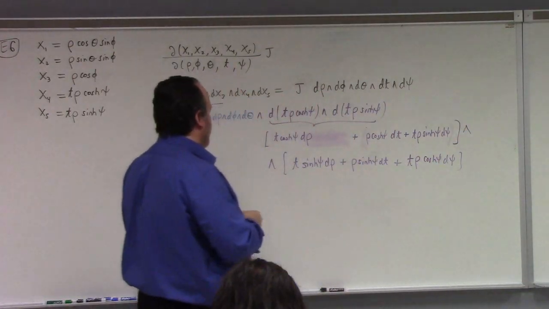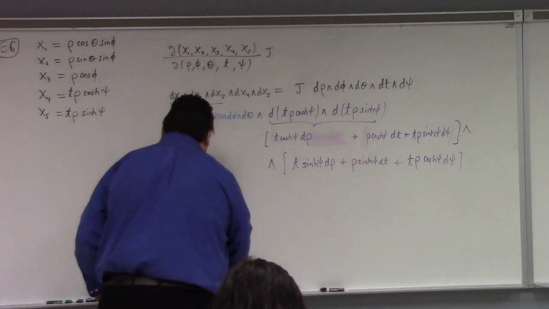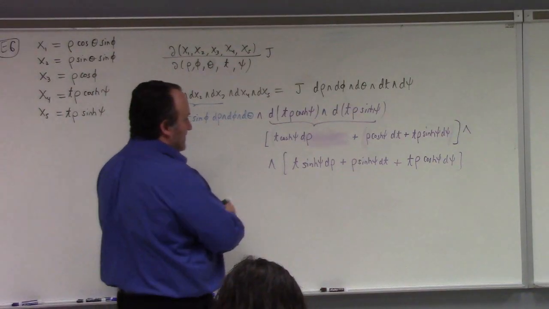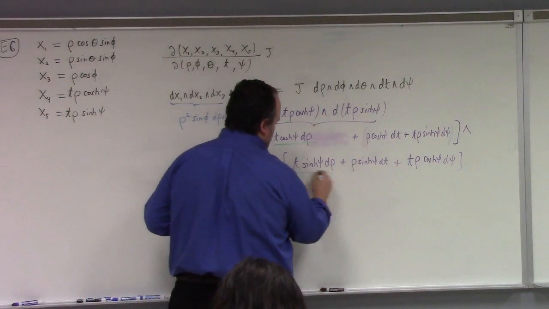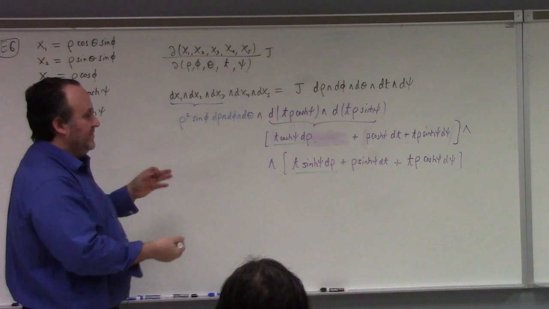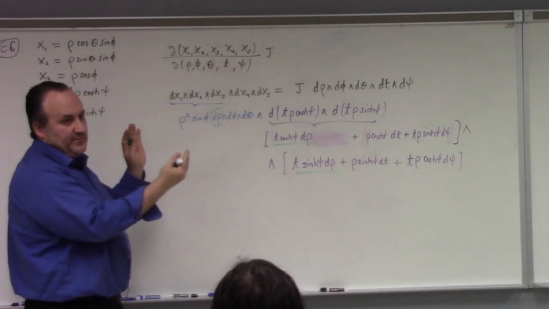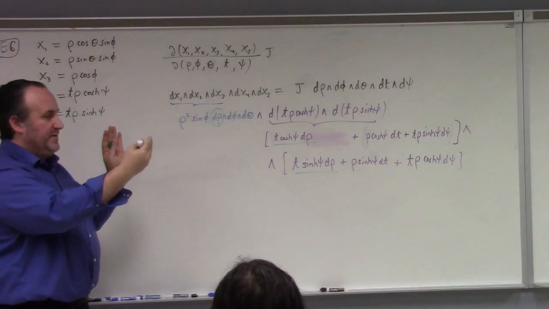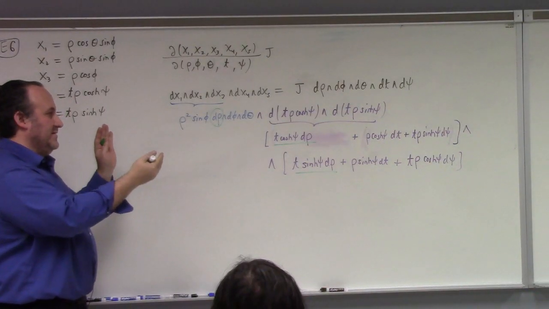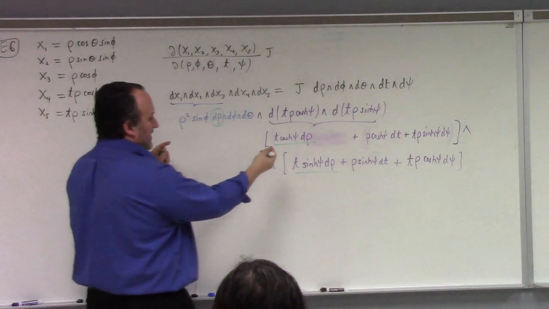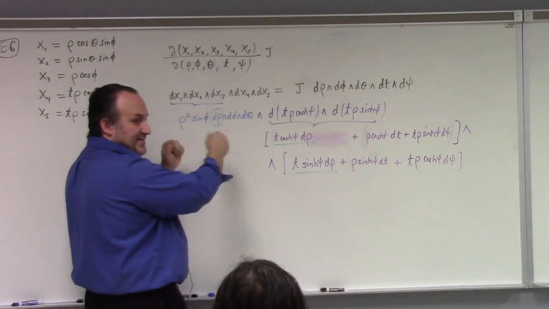If I'm smart about this, I can just drop some terms. They don't matter, because the wedge product is associative and I can commute with the minus sign.